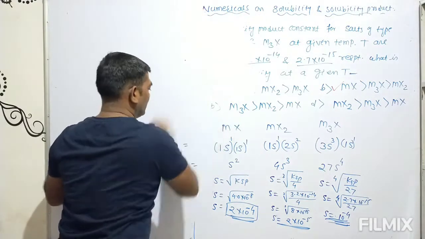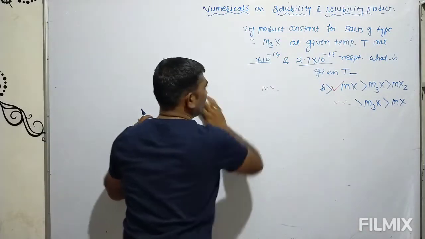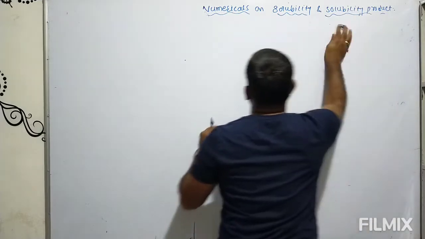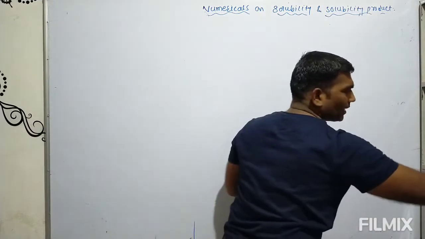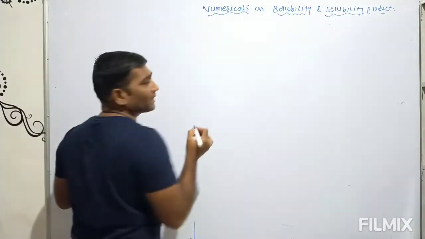Next numerical is an easy numerical. In the previous video we have solved such type of numerical on the common ion effect, the effect of a common ion on the solubility of a sparingly soluble salt.